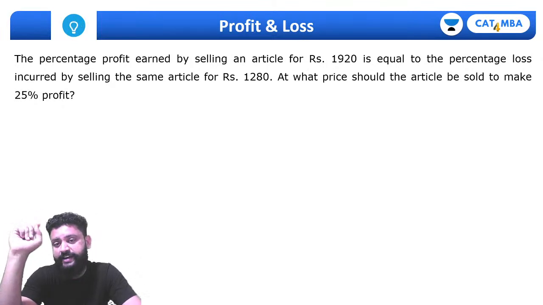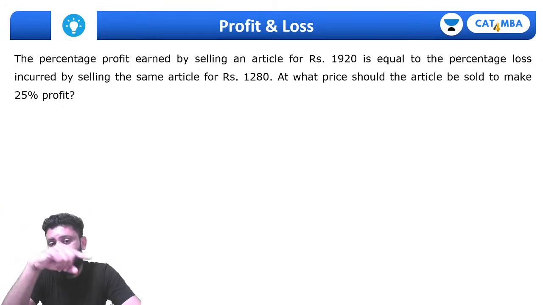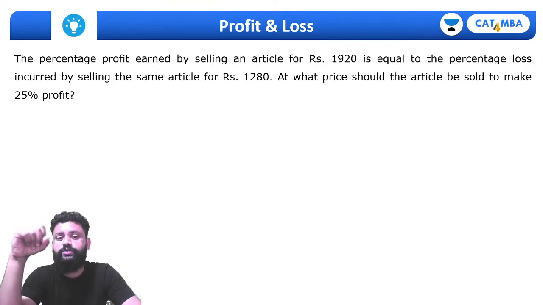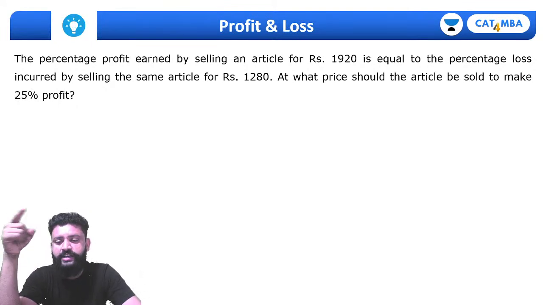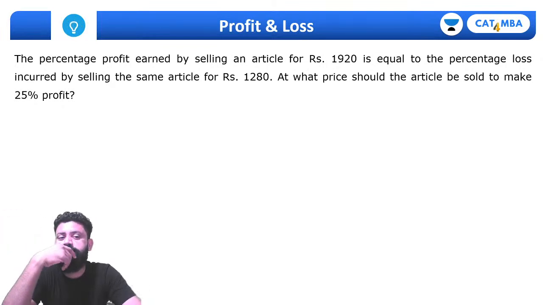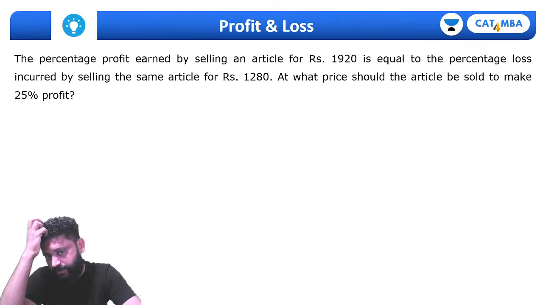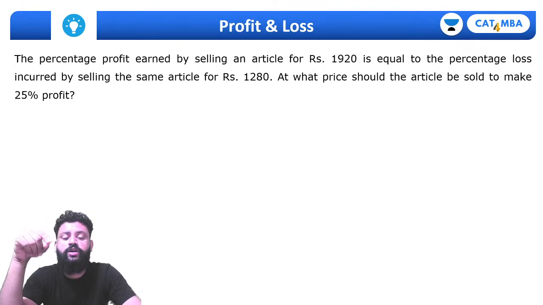Of course at 1920 there was a profit and at 1280 there is a loss, and the percentage profit earned initially was equal to the percentage loss incurred in the second transaction, that is when he sells it at a loss, at a price of 1280. At what price should the article be sold to make 25% profit?